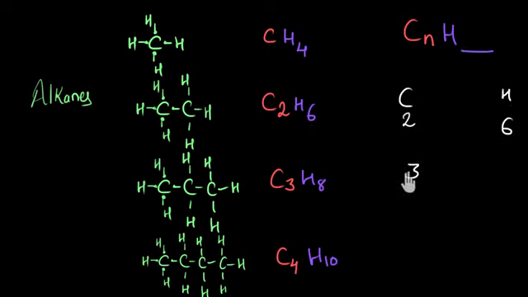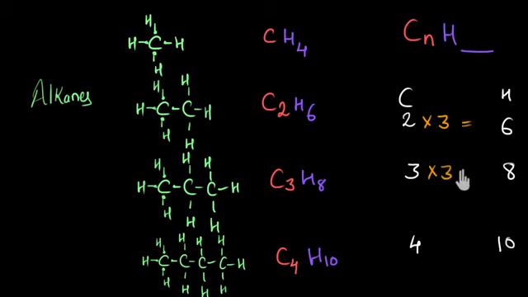Here for 3, there are 8. Here for 4 carbon, there are 10 hydrogen atoms. What is the relationship between the numbers of carbon and hydrogen atoms? If we can find that, we can arrive at a general molecular formula. So can you pause the video over here and try to figure out the relationship between these two numbers? Pause and try by yourself first. Now if you have tried it, let's see. So here maybe if I multiply 2 with 3, then I get 6. So maybe times 3 is the relationship. Let's try that out.